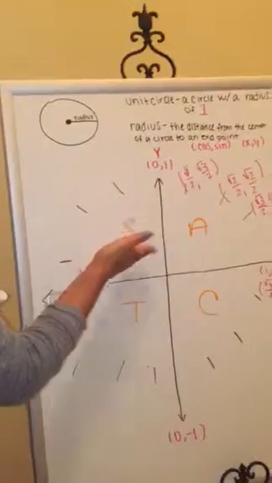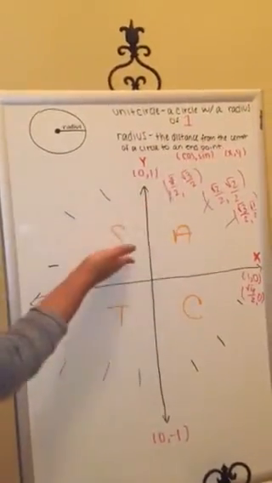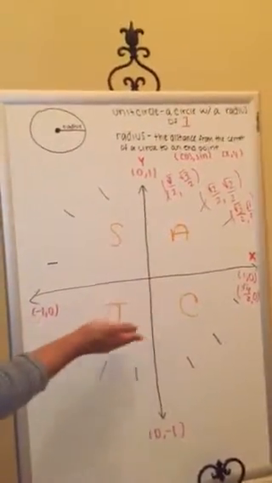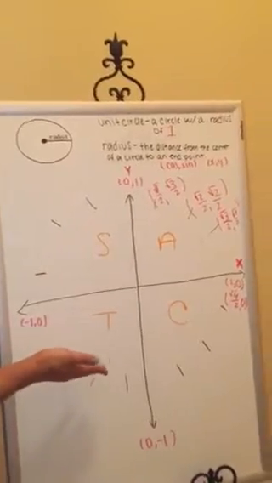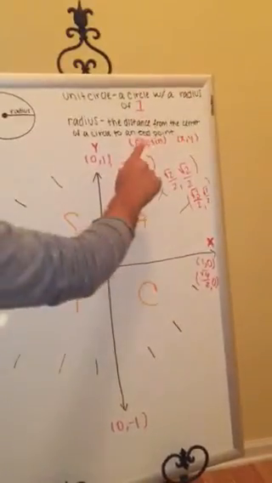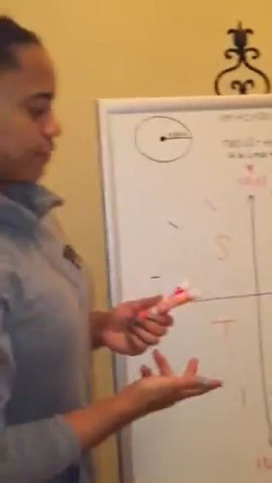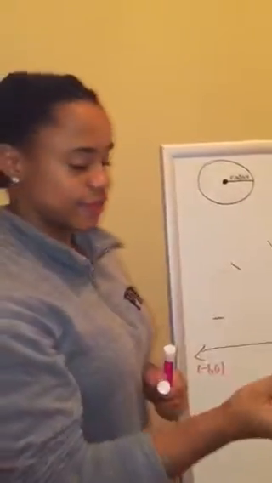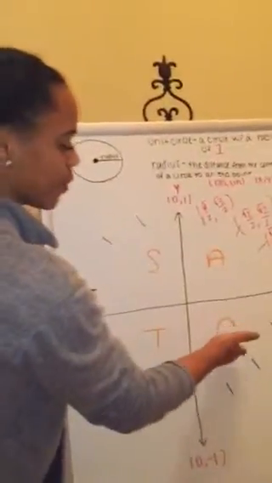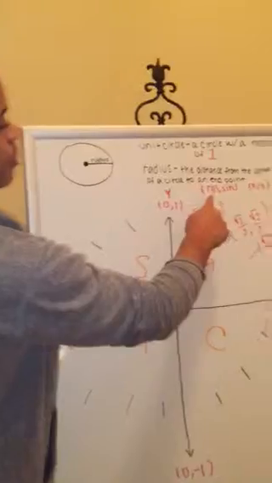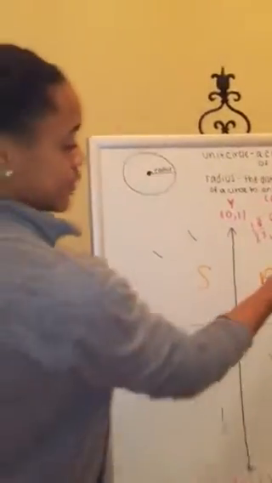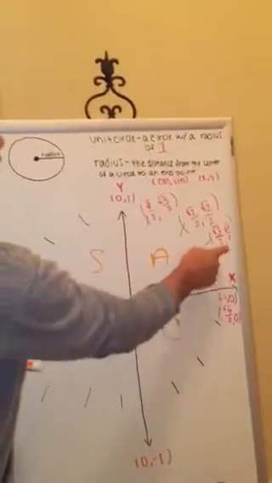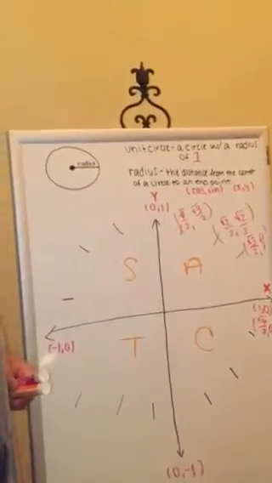Second quadrant, only sine, which is the second value, is positive. Third quadrant, only tangent is positive. And since we don't have a tangent, it's easy to think of cosine and sine both as being negative. Fourth quadrant, only cosine is positive. So in the first quadrant, since everything is positive, we have all positive values.